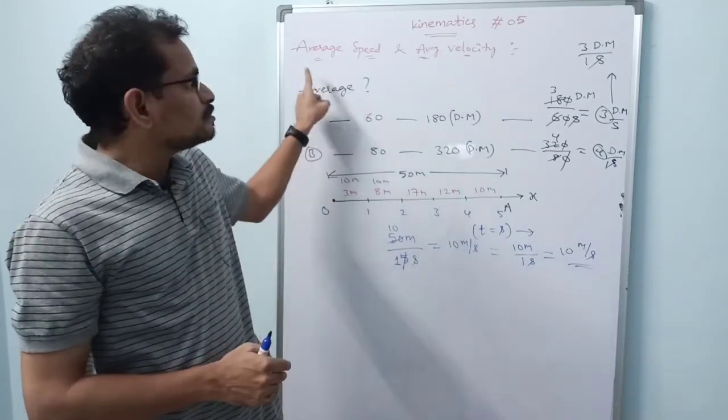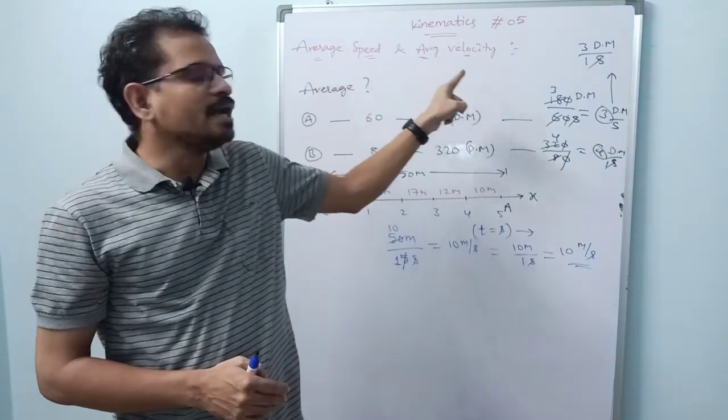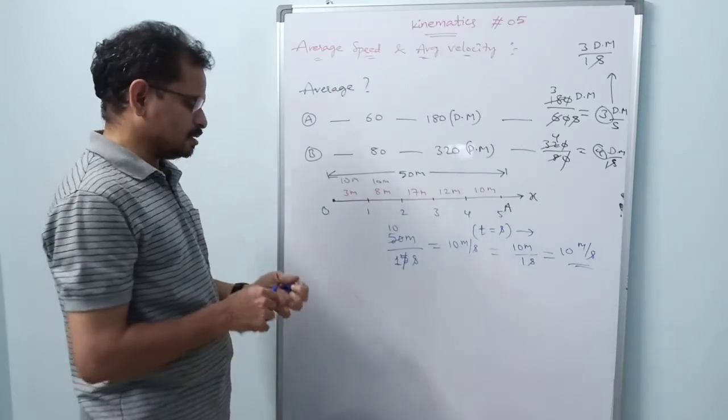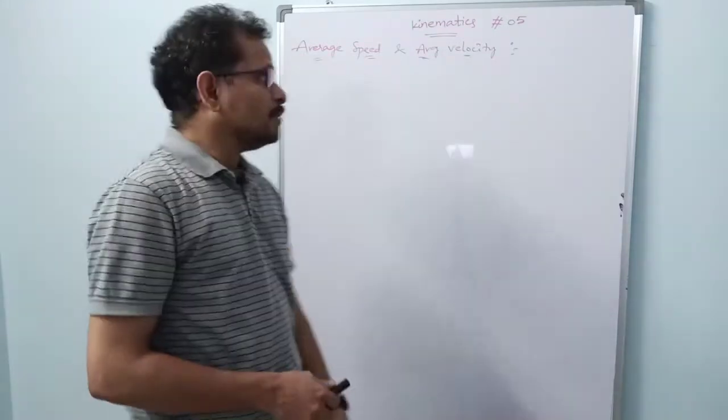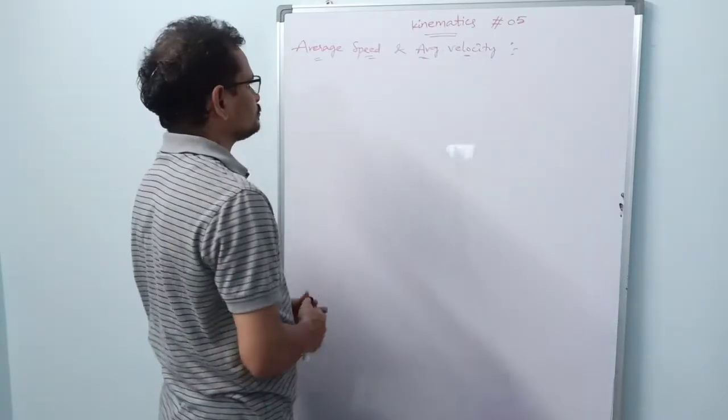So now we have entered average speed and average velocity. Now let us consider what is average speed and average velocity.